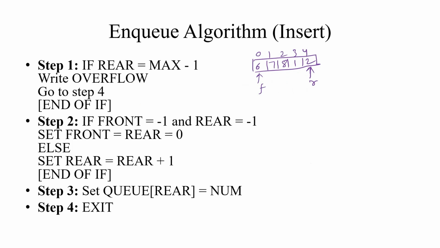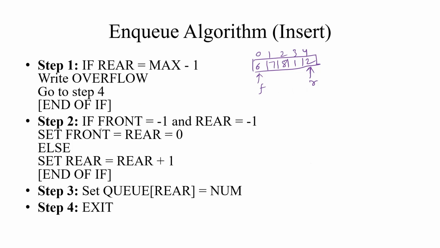So we will say queue overflow, and we will go to step number 4, that is exit. So while inserting the value, first we will check whether the queue is full or not. If the queue is full, then we cannot insert the element into the queue.